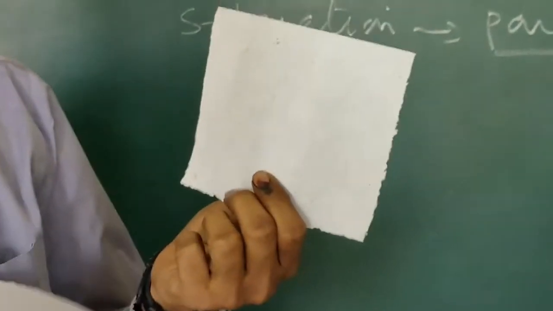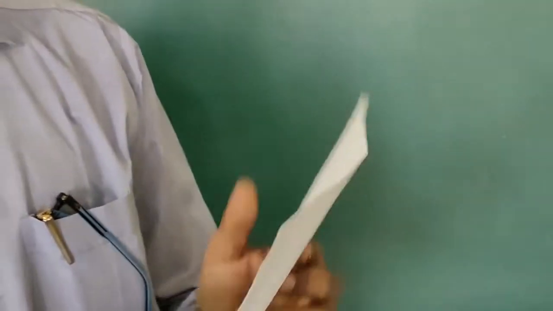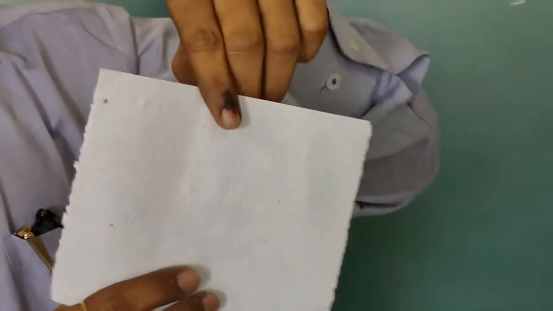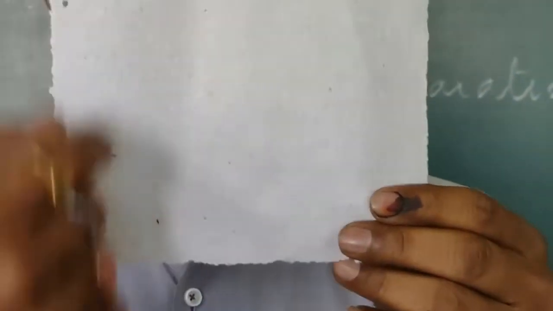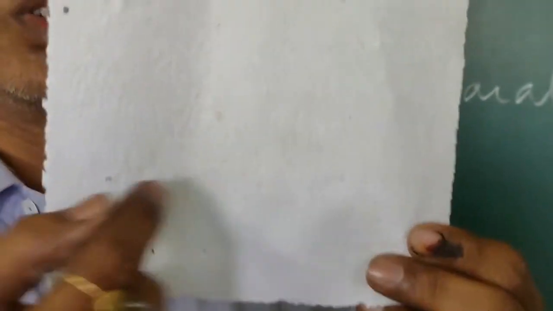If we focus on this simple filter paper, if we go very close to the view, the fibers arranged here are not that uniform, and we can see the break of the fibers in between, which indicates patches are there.